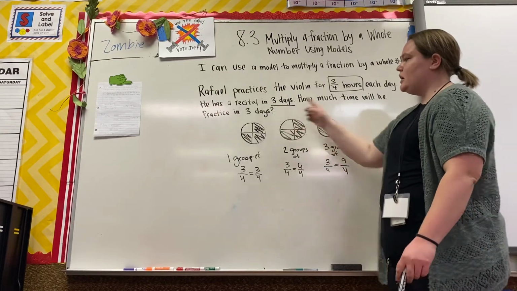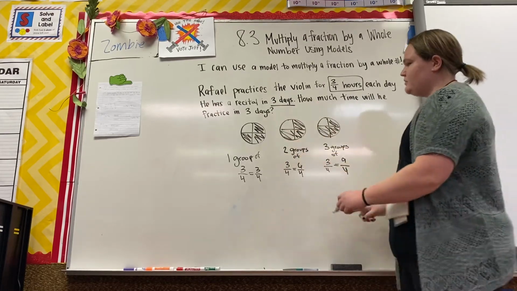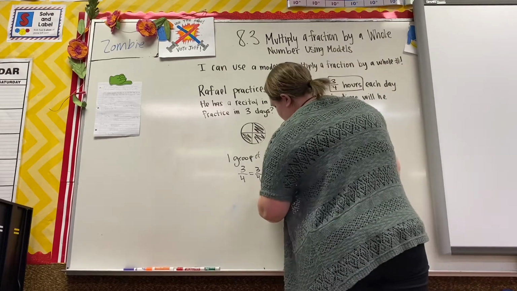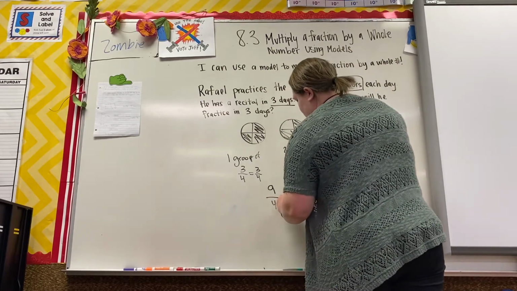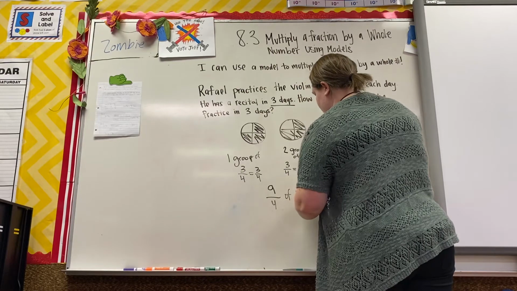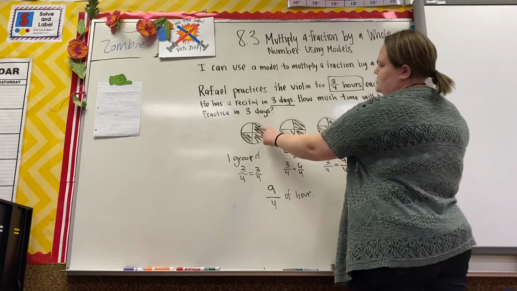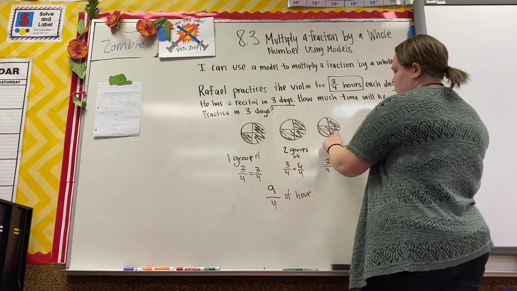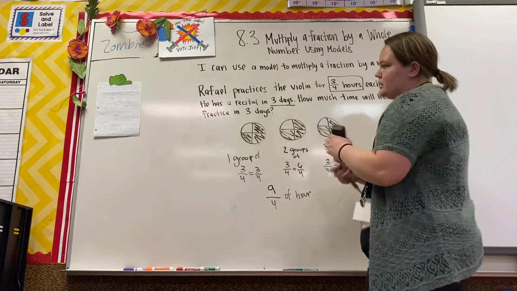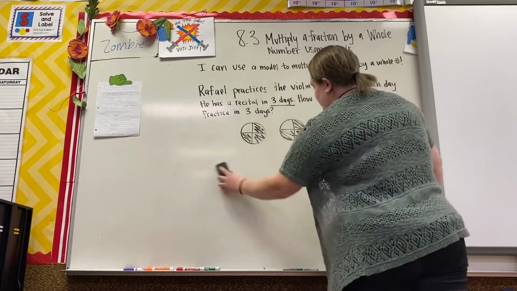So all in all, he practices 9/4 of an hour. And then we can use our model to see that too. So 1, 2, 3, 4, 5, 6, 7, 8, 9. Okay? So now let's go to an example problem.